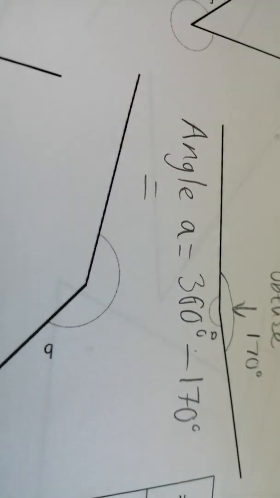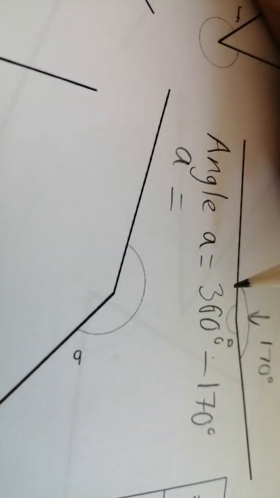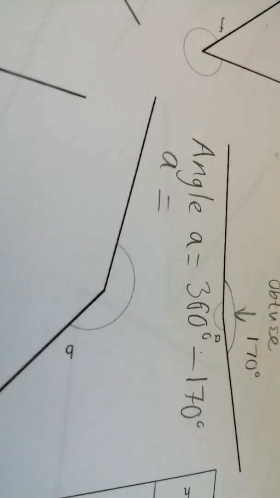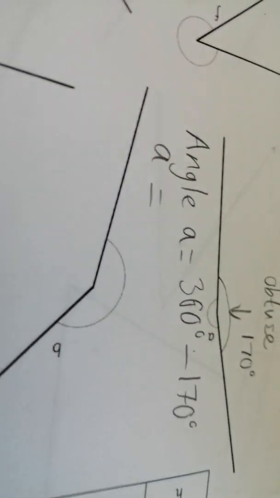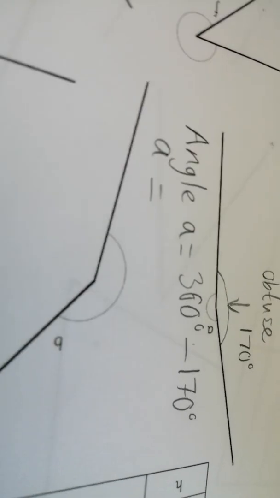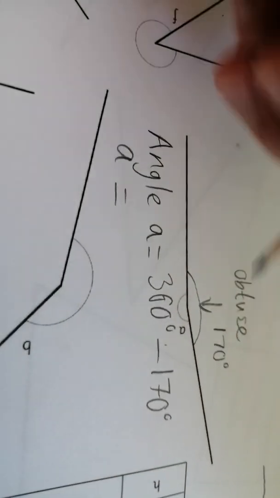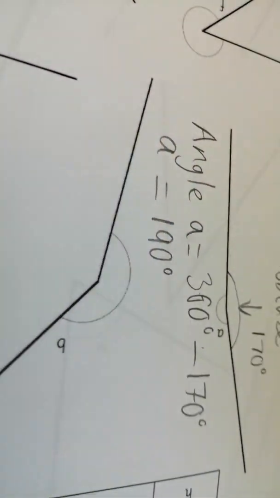So, angle A equals, if you know 180 is half of 360, so 360 take away 180 would be 180. If we take away 170, we're taking away 10 less, so you could add 10 to 180, which would be 190 degrees.